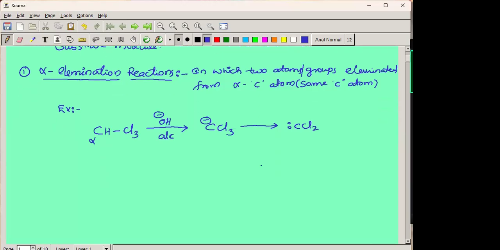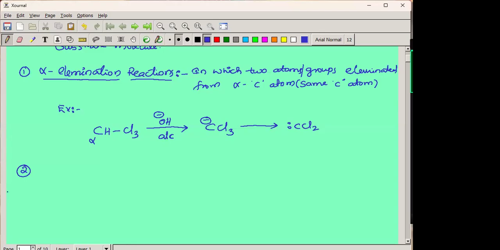So this is alpha elimination, the second kind is beta elimination, and the third kind is gamma elimination. Before discussing beta elimination, I am going to discuss gamma elimination. Why? Because in gamma elimination, the group is eliminated from the gamma carbon atom, whereas in beta elimination the atom is eliminated from the beta carbon atom.